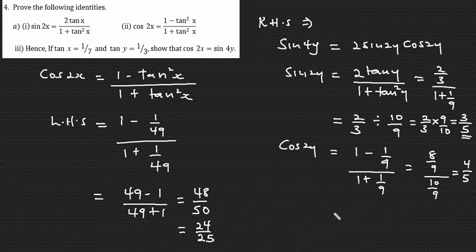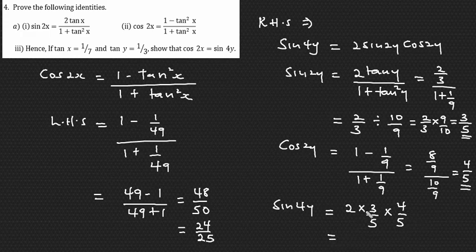Now we come and we substitute here that sine 4y is equal to 2 times sine 2y, which we got as 3 over 5, and cos 2y, which we got as 4 over 5.